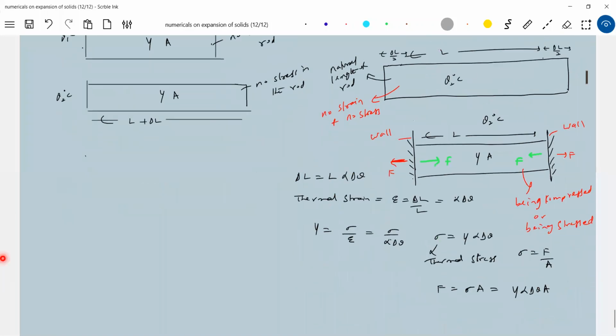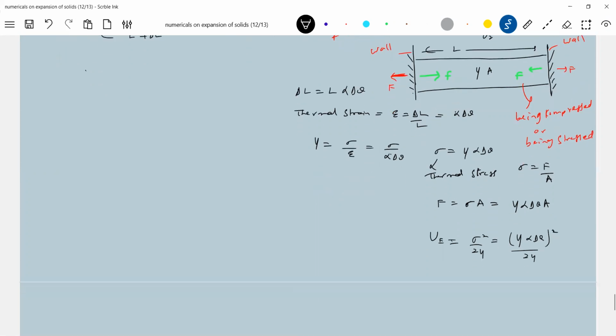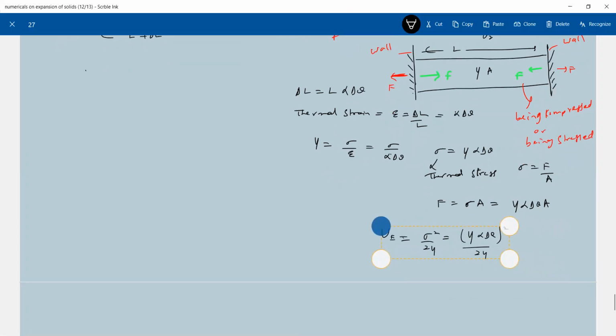So how much energy is present in this? The energy present, elastic potential energy, is stored. So we know stress squared by 2Y, Y alpha delta theta. If you solve this further, you'll get the energy stored in the rod.